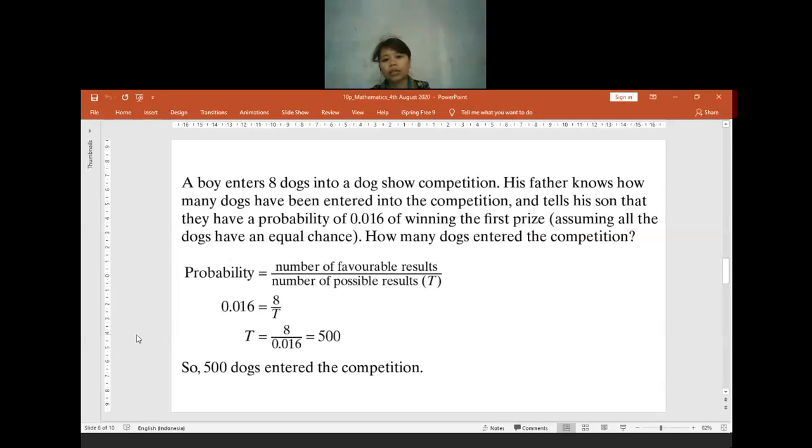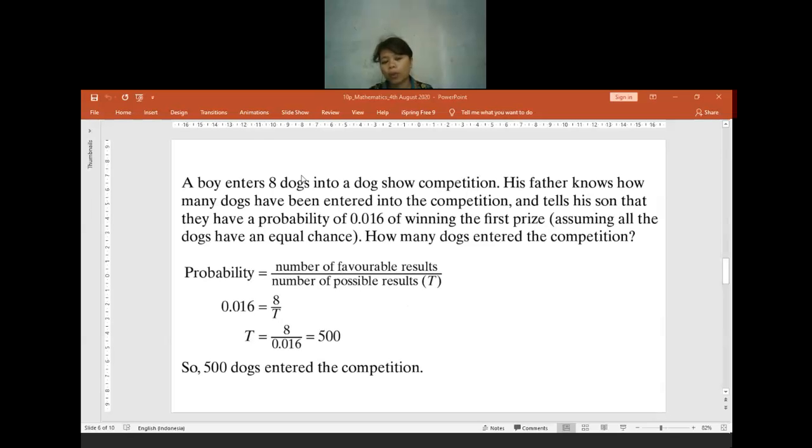This is also the same thing. We already have the relative frequency, which is equal to 8, and we have the probability of winning, which is 0.016. Then we have to find how many dogs there are in total. The probability equals the number of favorable outcomes, which is 8, divided by the total possible results, which we are going to find.